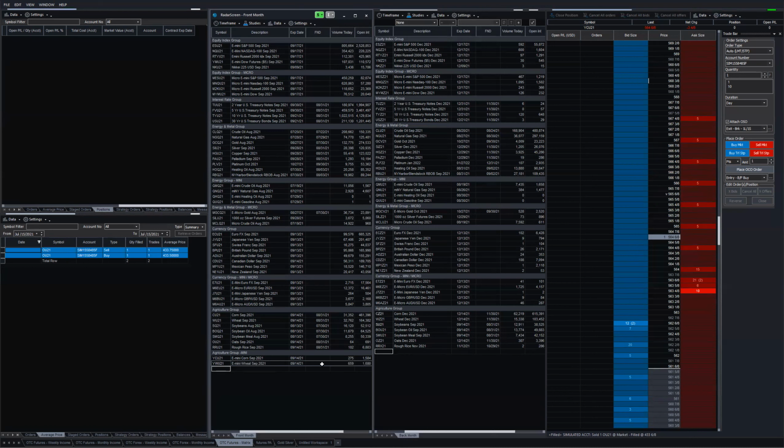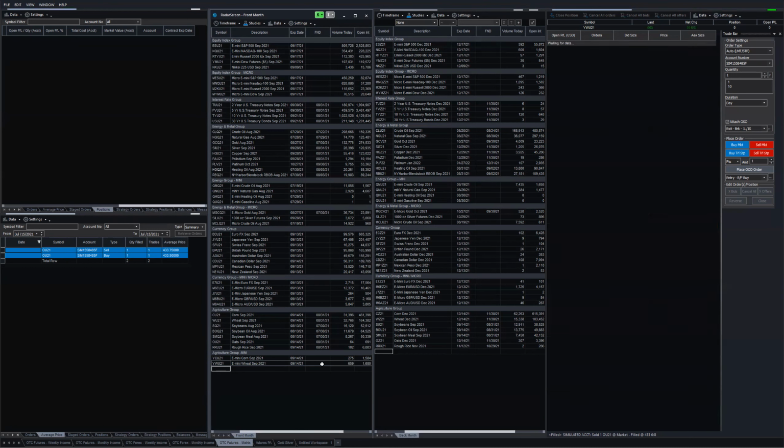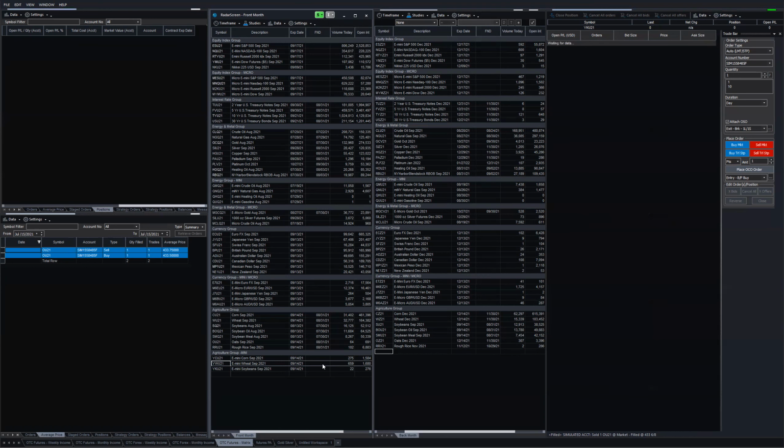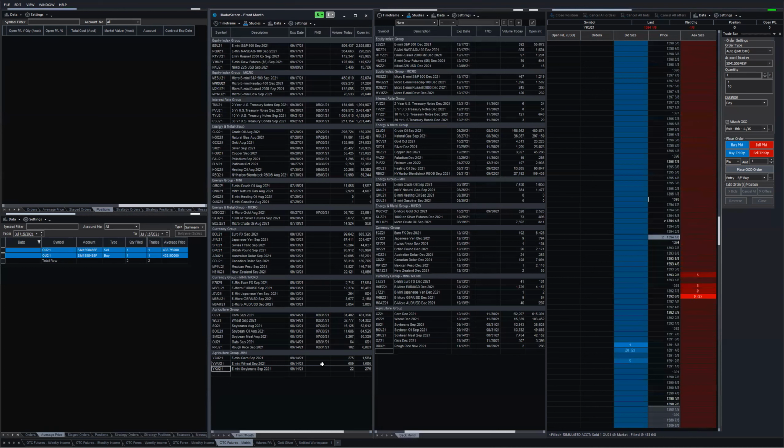YWU21, the contract month U. And for soybeans, the symbol is YKU21. Yes. YKU21. All right. Now the back month.